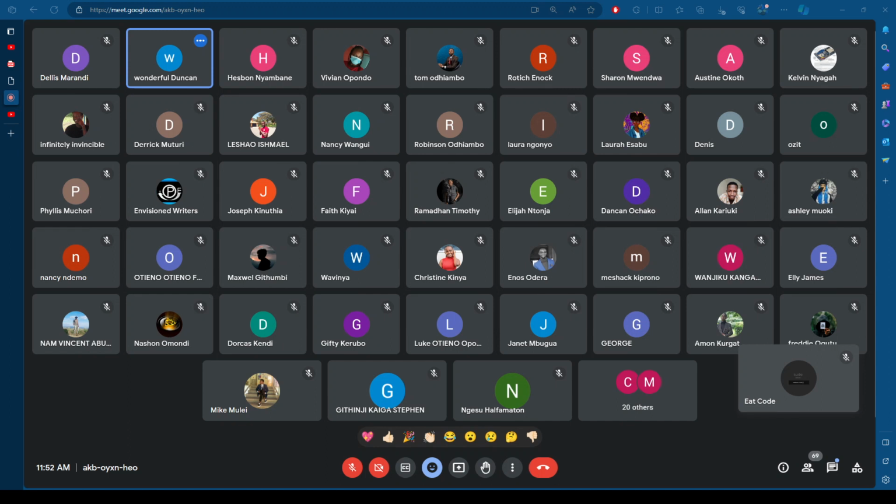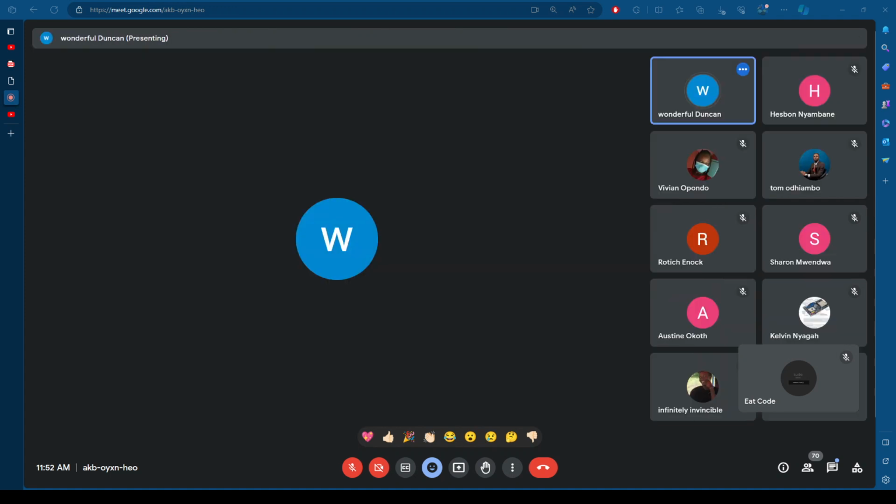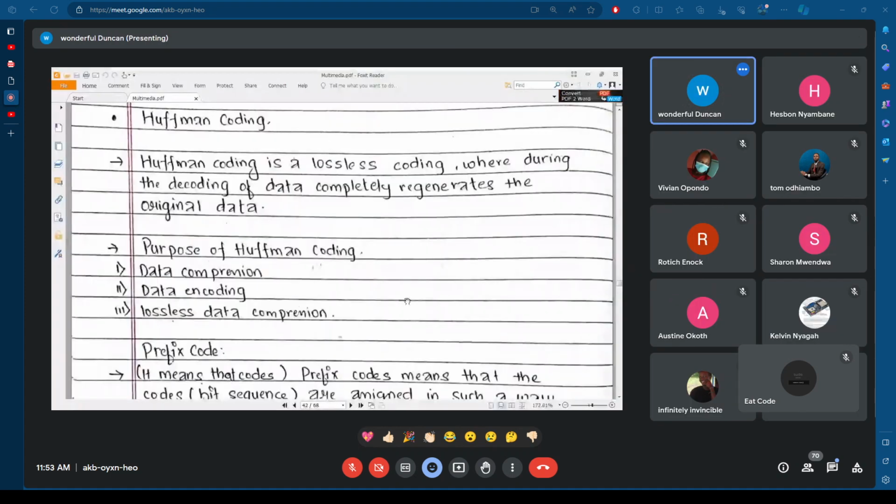So the other one is Huffman coding. Still other entropy coding. Huffman coding is a lossless coding.